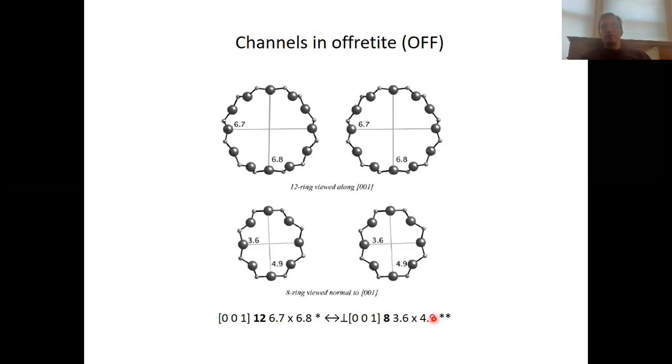And in this case, we have a two-dimensionality. So that means that these channels run perpendicular to 001, along 100 as well as 010. So last but not least, this double arrow indicates that these two channels interpenetrate. So they stand perpendicular to each other and interpenetrate each other.